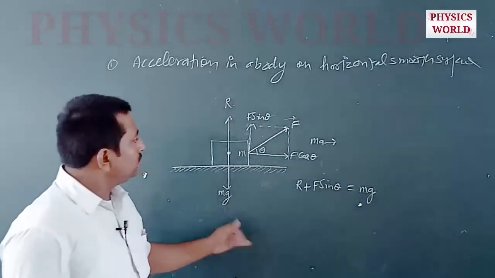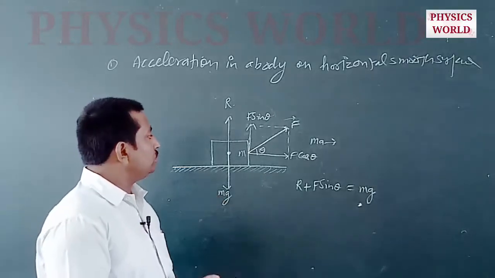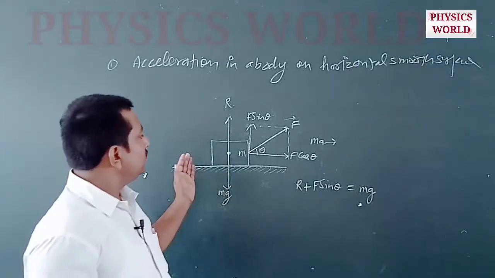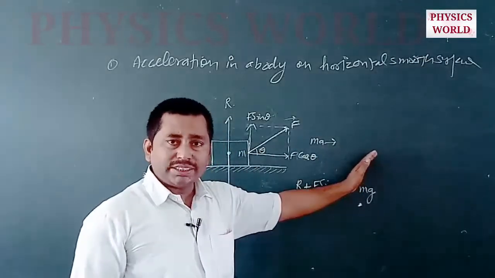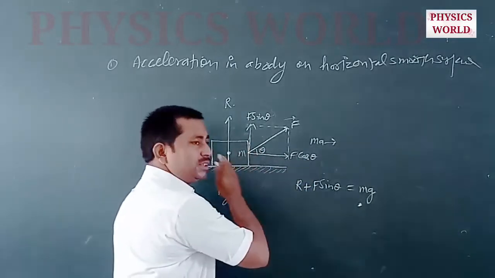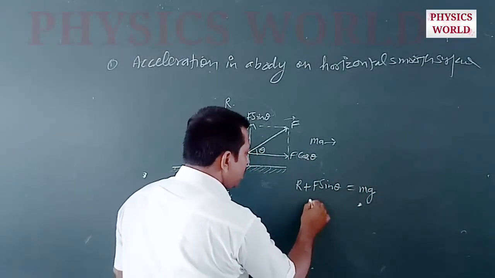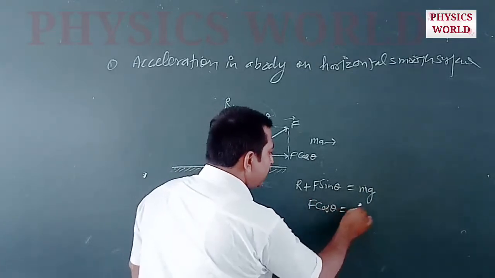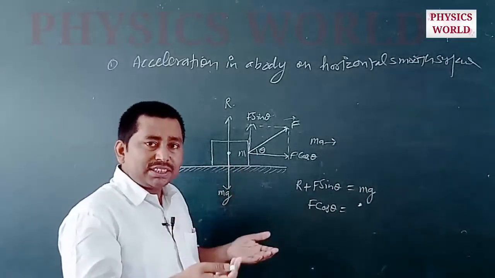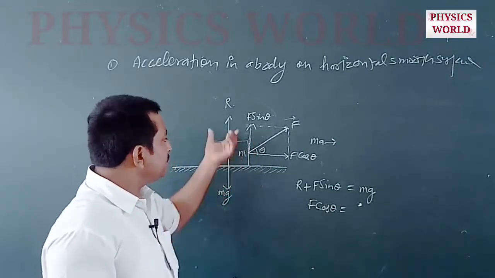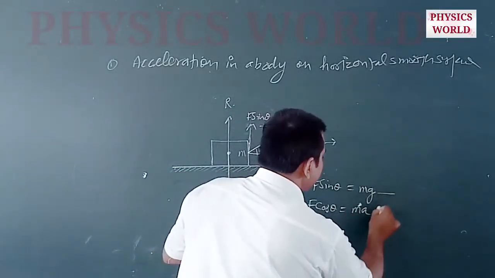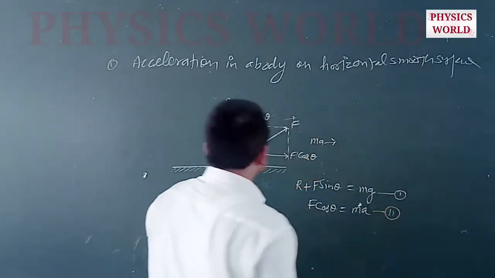Similarly, if we want to calculate the force acting in the horizontal direction, the force by which the block is pulled is F cos theta, and by applying this force the object experiences some acceleration a, so the force experienced by the block of mass m will be equal to ma. So there are two different formulas in this case.